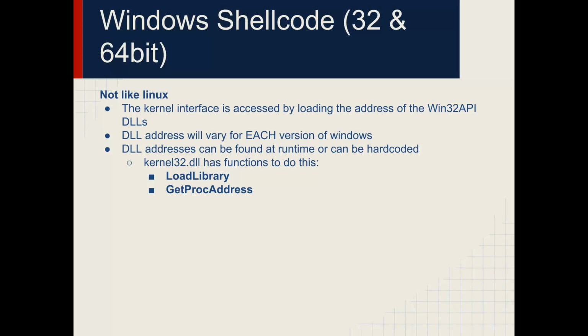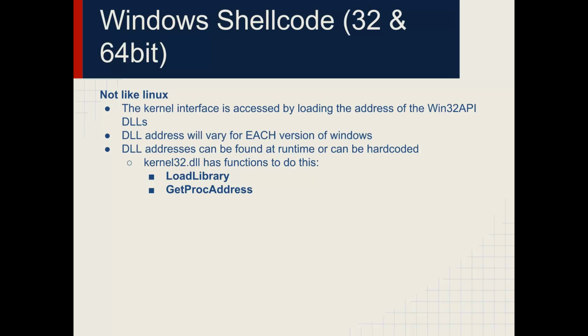We're not going to cover Windows shellcode in this class, but it is not like Linux. It is actually exceptionally easy to write Windows shellcode, and the Shellcoder's Handbook has a pretty good section on that. I don't think it's in our textbook, The Art of Exploitation, but essentially Windows shellcode involves accessing the provided API for the Windows kernel, which is the Win32 API, and the DLLs associated with it.